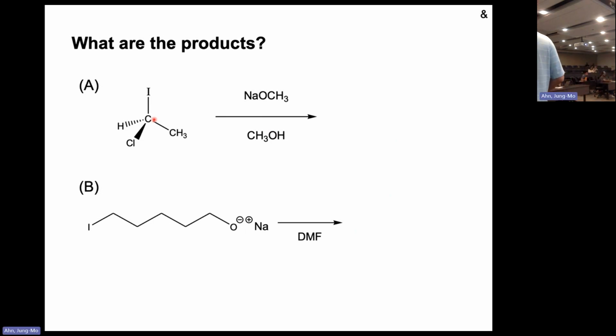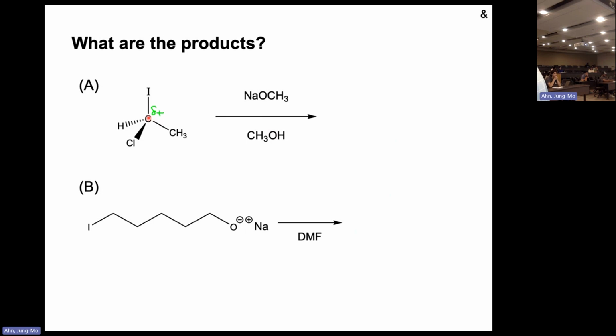Now the second question comes along. What is going to leave? Is it going to be substituting the chlorine, or is it going to be substituting the iodine? That's the question, right? Depending on which one leaves, you get different stereochemistry. There are multiple things put together.